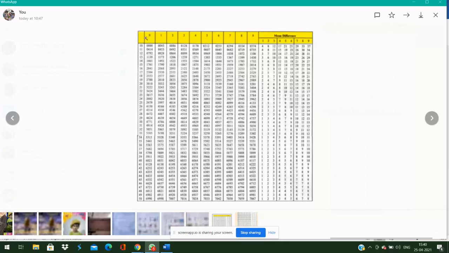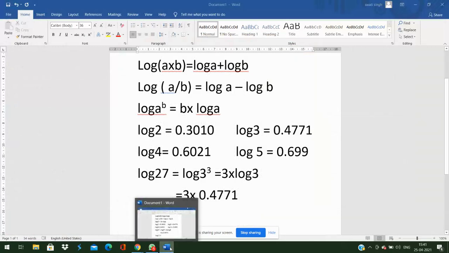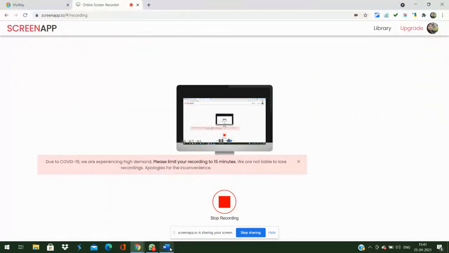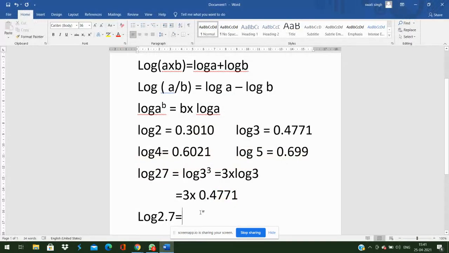So from the top, look at this yellow line, here there is 0. Come to the point till 27. It has been given 4314. That means it will be 0.4314. It's very easy to know.